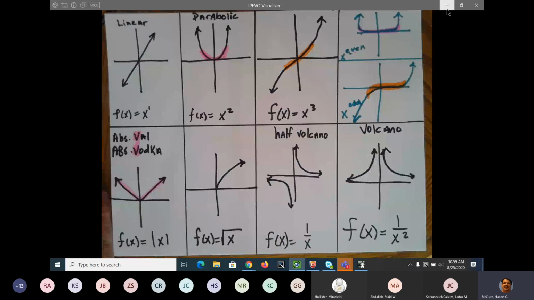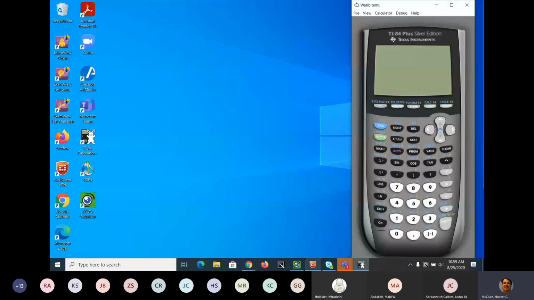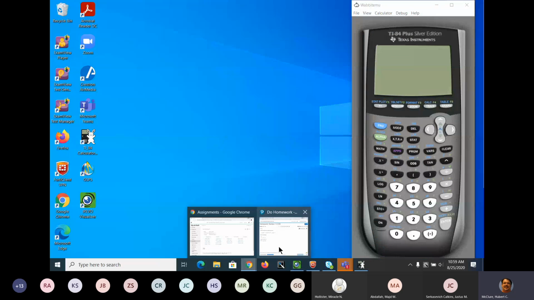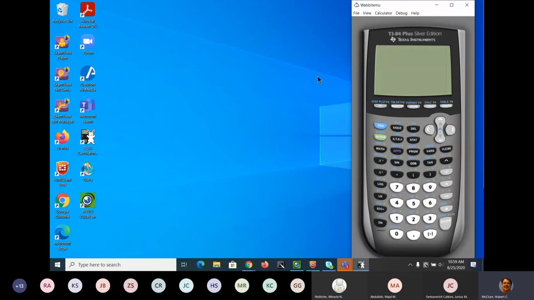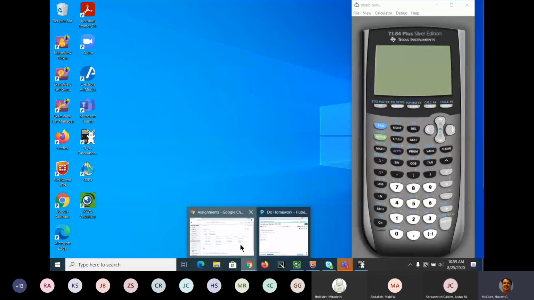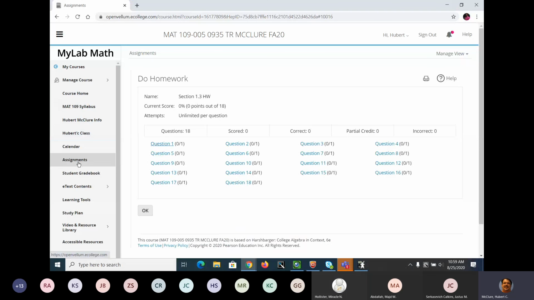Let me see where I was. Yeah, 1.3. Let's hold off on 1.3. Right now, what everybody should be doing for homework is the quiz, the review, and 1.1 and 1.2.